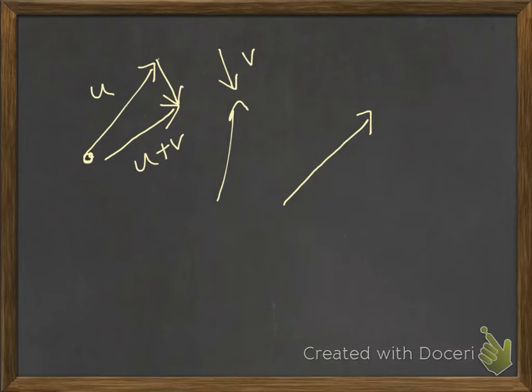It's going to have the same magnitude, but point in the opposite direction. So that's going to be minus v. So to find the sum of u plus minus v, you're going to go from the tail of u to the head of minus v. So that is u minus v. Perfect. Now go practice.